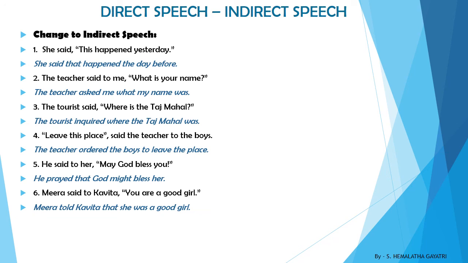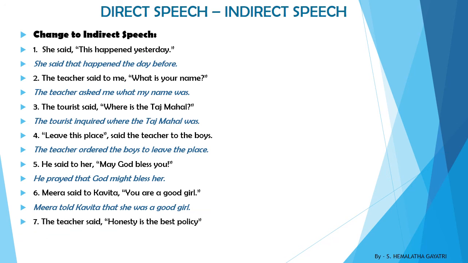Since we are removing the comma, we are adding the connector that she was a good girl, means you is changed to she according to the respective pronoun, like the subjective pronoun we are taking. So you are a good girl will change to she was a good girl, are will change to was. So the answer will be Meera told Kavita that she was a good girl.